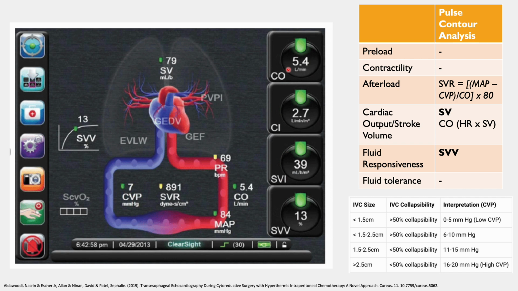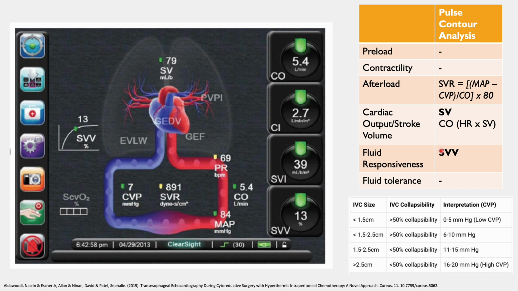From cardiac output and stroke volume, their respective index values of cardiac index and stroke volume index are calculated by dividing by body surface area, and stroke volume variation, as seen here, is measured as the difference between the maximum and minimum stroke volume divided by the mean stroke volume. Stroke volume variation provides insights into fluid responsiveness if appropriate conditions are met.